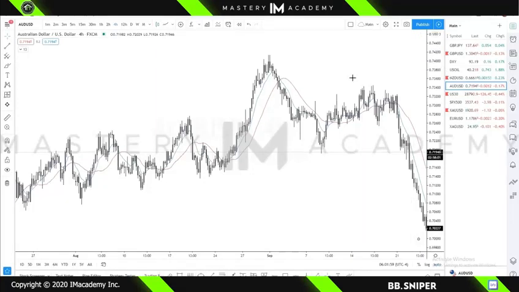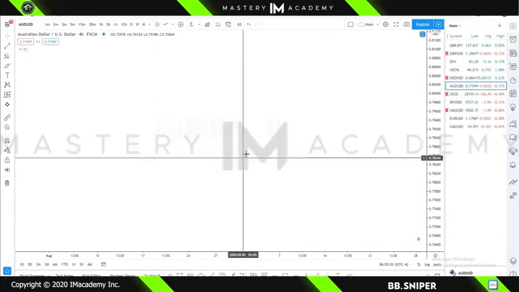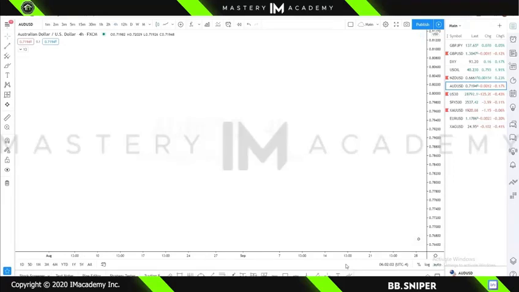Before we show some examples on the chart, I'm going to draw you an illustration. Internal and external liquidity is very important. It's how you understand what range to work with. A lot of times we have ranges inside of ranges.